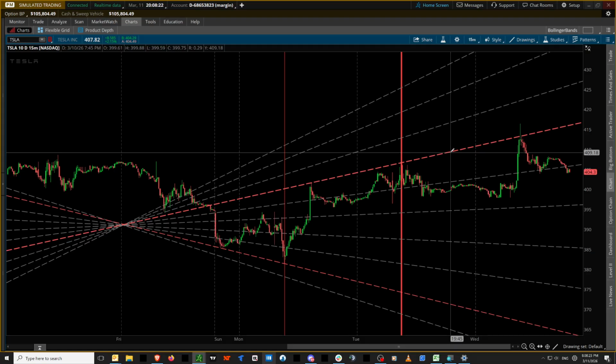Now, accuracy in drawing your fan lines is very important, because the further they move away from the vertex, a half a degree off gets multiplied over and over and over the further away you get from the vertex. So we want to keep them as true as possible. Stuff like that.